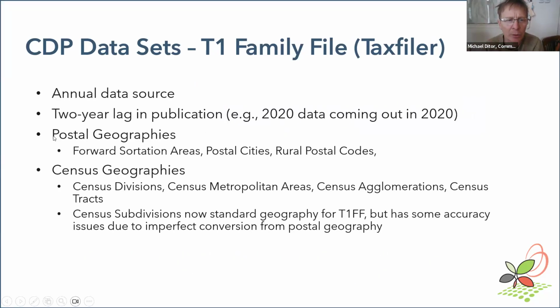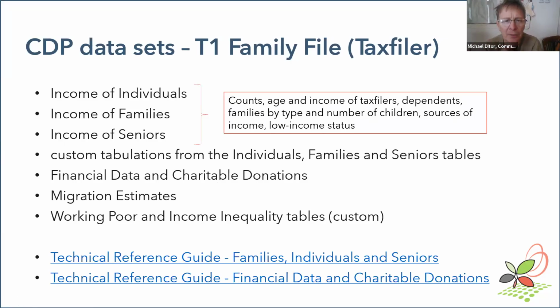They have the data available for postal geographies and for census geographies. We get pretty much all the standard tables that they provide, and a few custom tables as well.